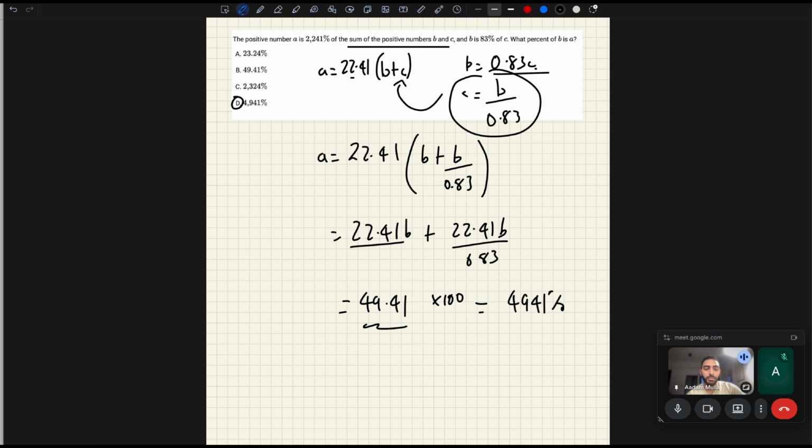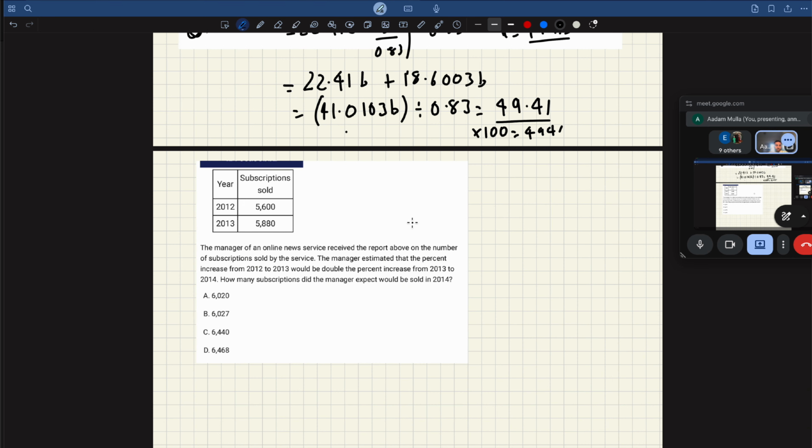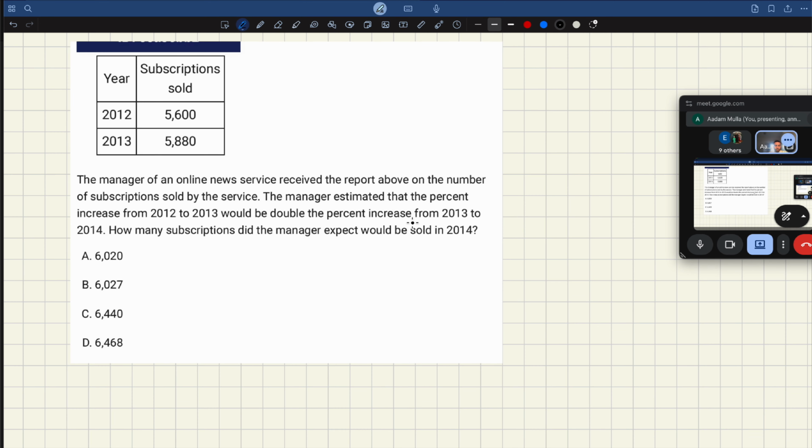Okay, let's go to the next one. You can have a go at this next question. First thing that you're looking for is the percentage change, so you're going to be using that formula again.